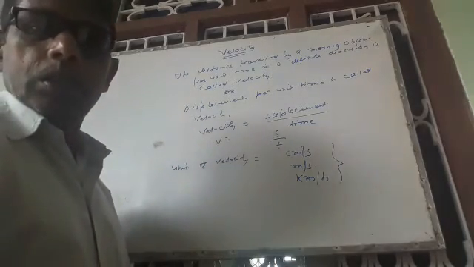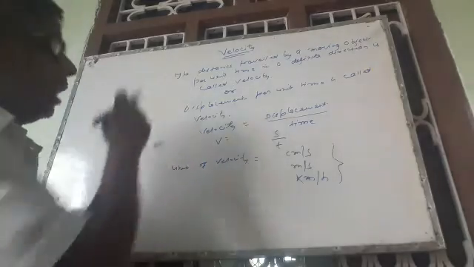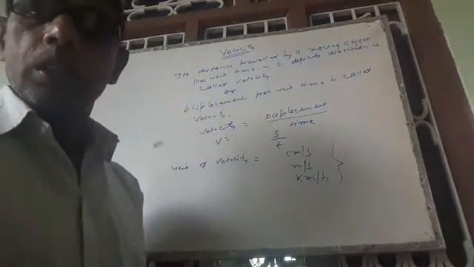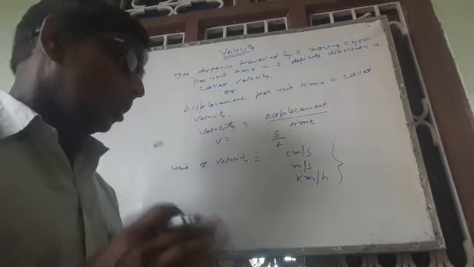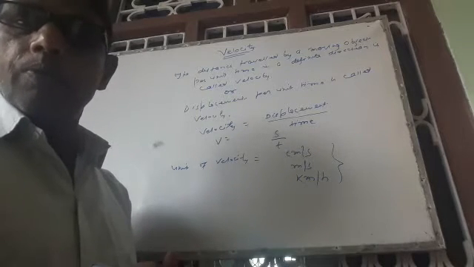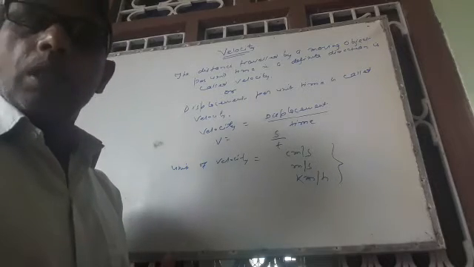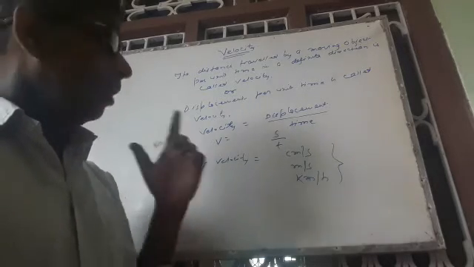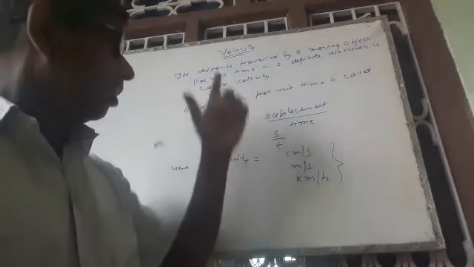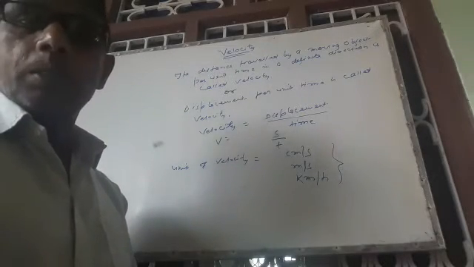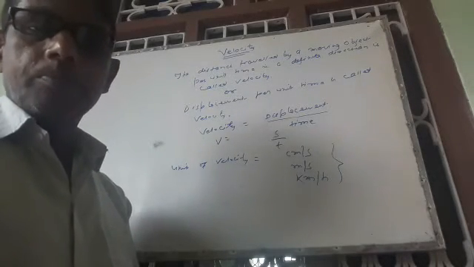Units of velocity and speed both are the same. So if anyone asks you how these two terms, velocity and speed, differ from each other, only one thing is more here. In velocity, there is a specific direction.